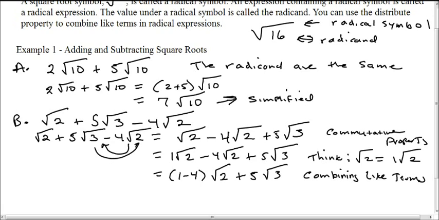Okay. I want you to pay close attention here, because here we have the rules of integers. So this is the same as 1 plus a negative 4, times the square root of 2, plus 5 times the square root of 3. And this is the integer rule.